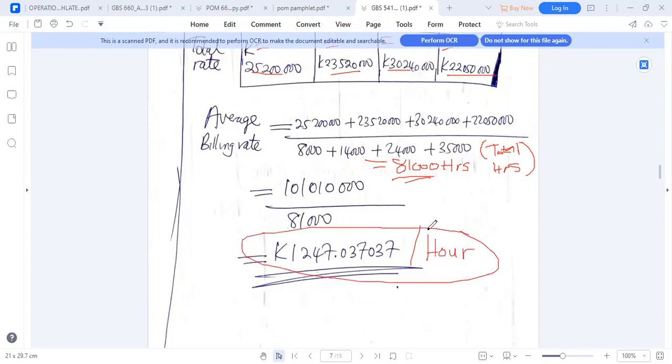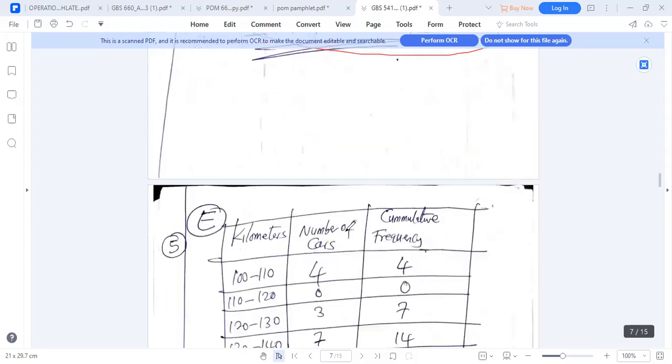You have gotten that. So that is question number 2D.